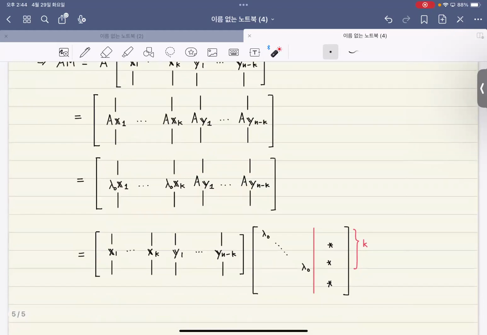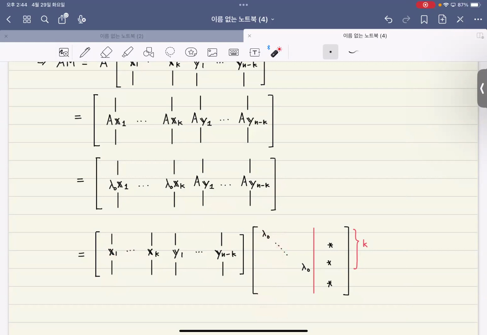Now, this can be written like this. The first K columns can be written as lambda 0 times x1 plus 0 times the other vectors, and so on. So if I factorize, the first column of this matrix must be lambda 0, 0, 0, 0, and the second column is 0, lambda 0, 0, 0, 0.